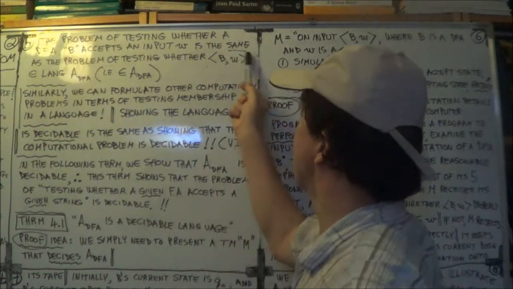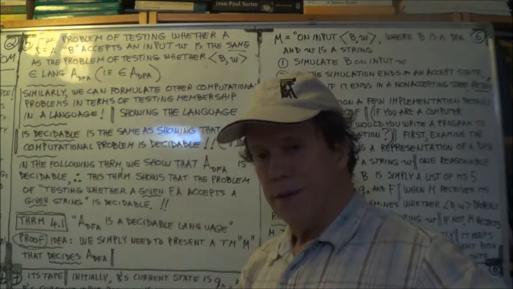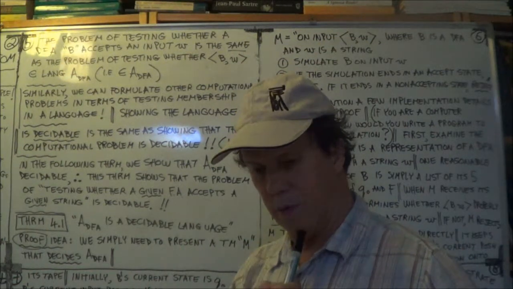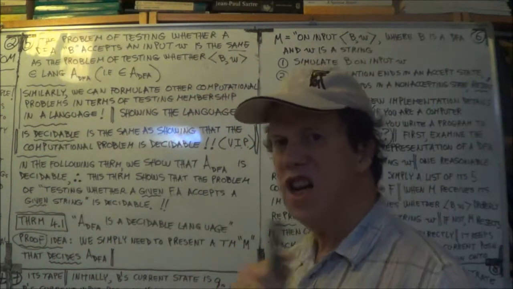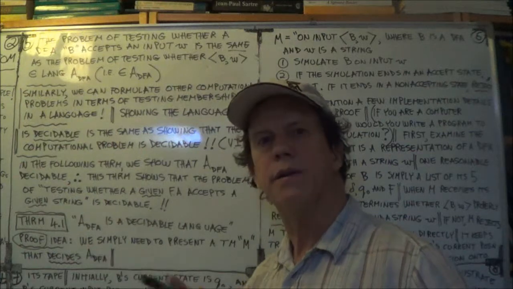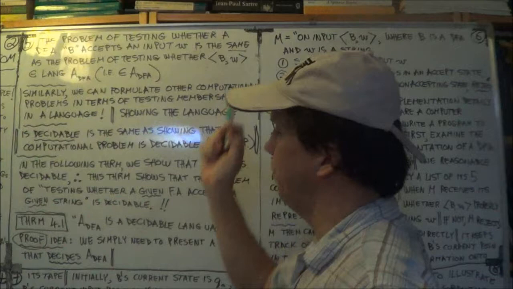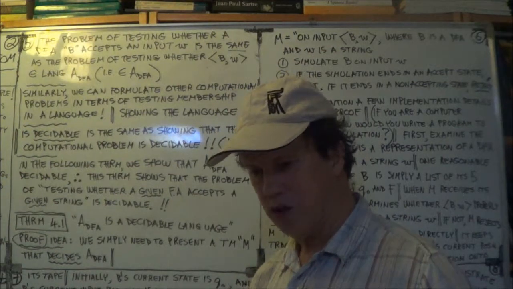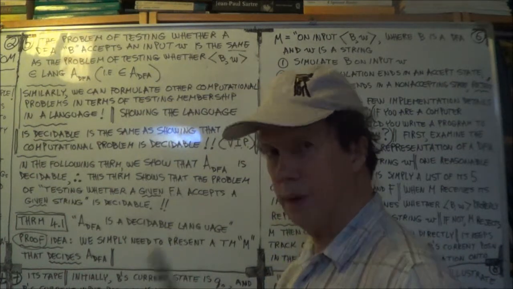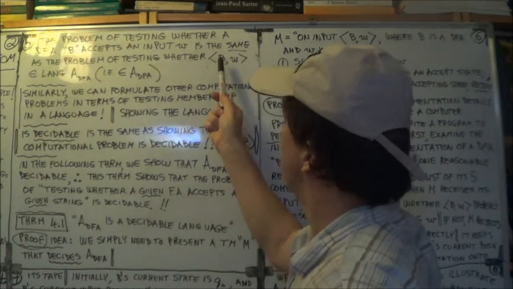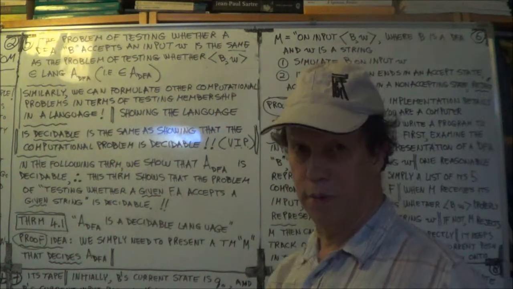And this is a string, right? Because of the angular brackets, it's a representation of the data of what the machine is and what the string is in string format, a one-dimensional string of symbols. So that string will be a member of that language, by definition, if this machine B accepts that string W.